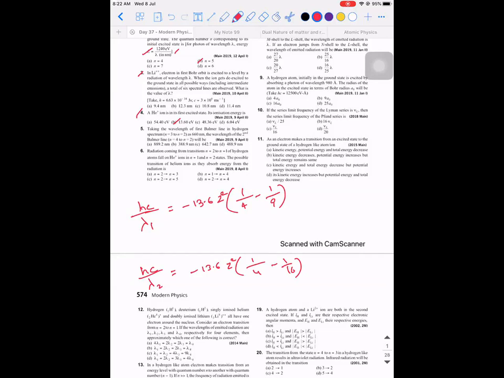Sir, we can directly apply 1 by lambda equals R into 1 by n1 square minus 1 by n2 square. Yeah, that also you can do.